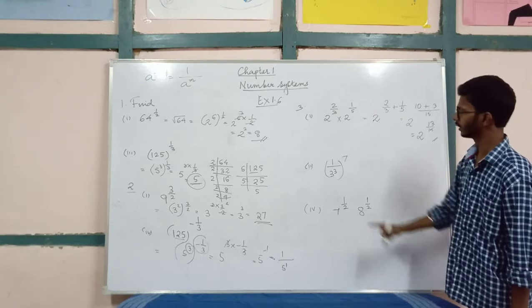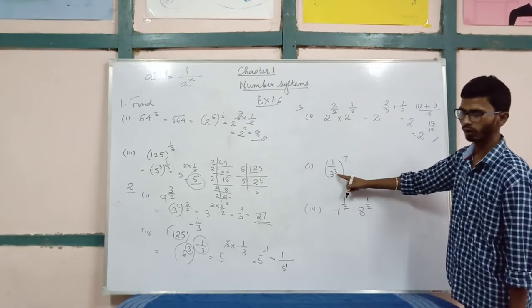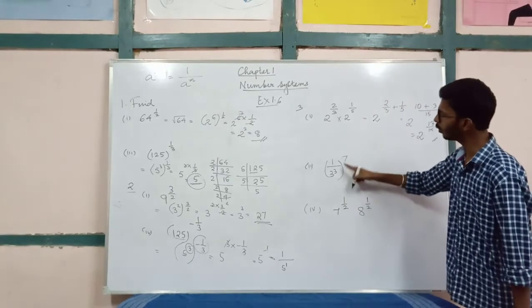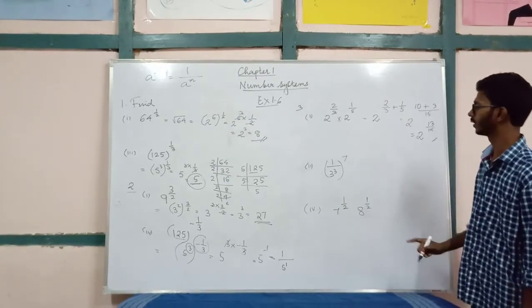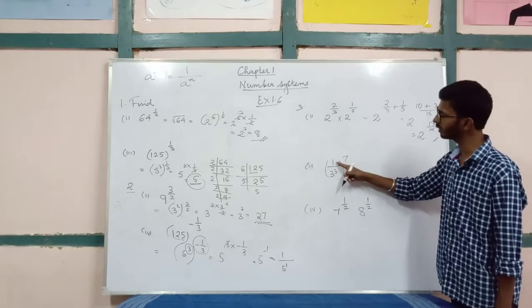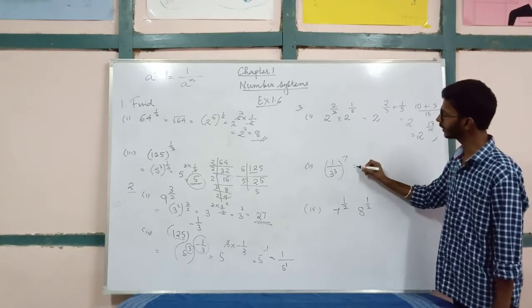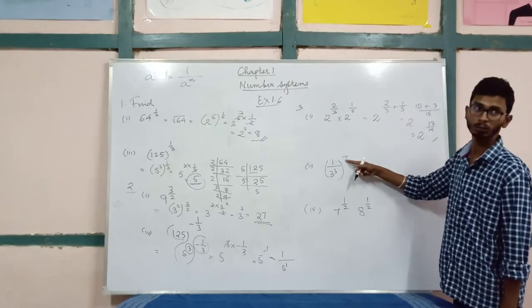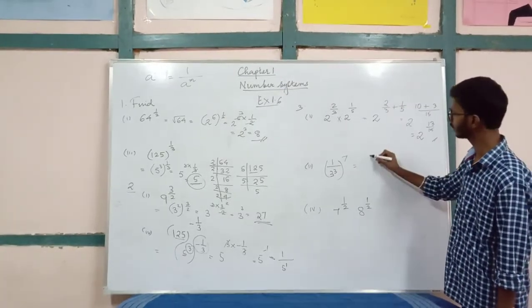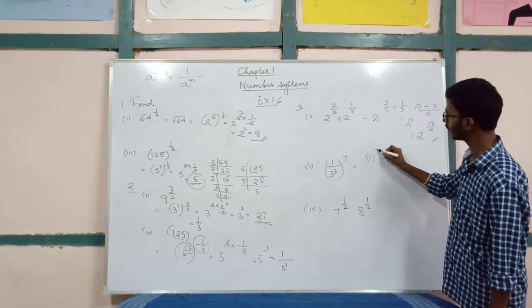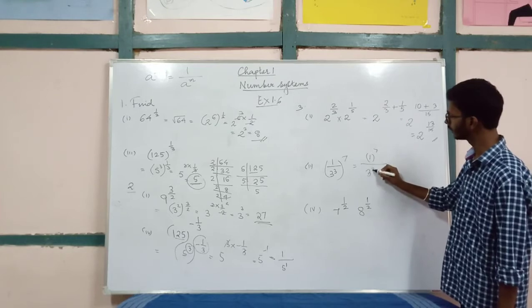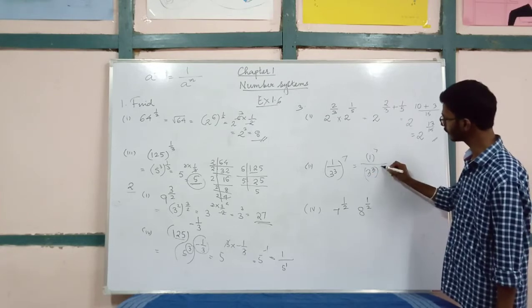Let us see question number 2. 1 divided by 3 cube, or you can say 1 divided by 3 to the power 3, whole to the power 7. When there is a common power on both numerator and denominator, this power is distributed to the numerator as well as the denominator. So we can separate it: 1 to the power 7 divided by 3 cube to the power 7.